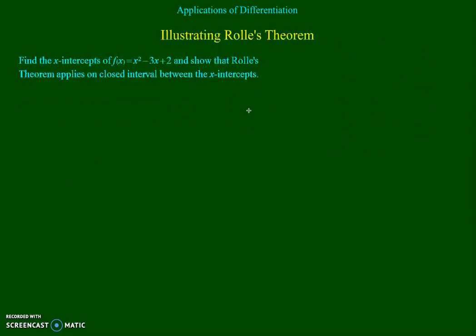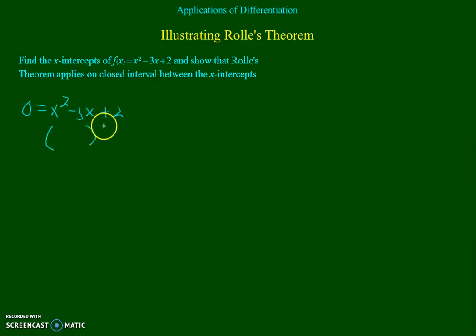What we're looking to do here is to find the x-intercepts of this function and show that Rolle's theorem applies on the interval between the x-intercepts. So these x-intercepts are going to be our closed interval. Let's go ahead and set this equal to 0. So that's x squared minus 3x plus 2.